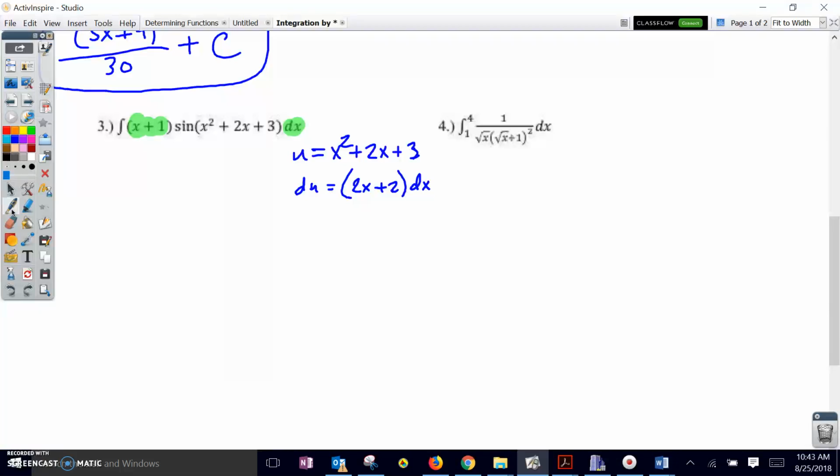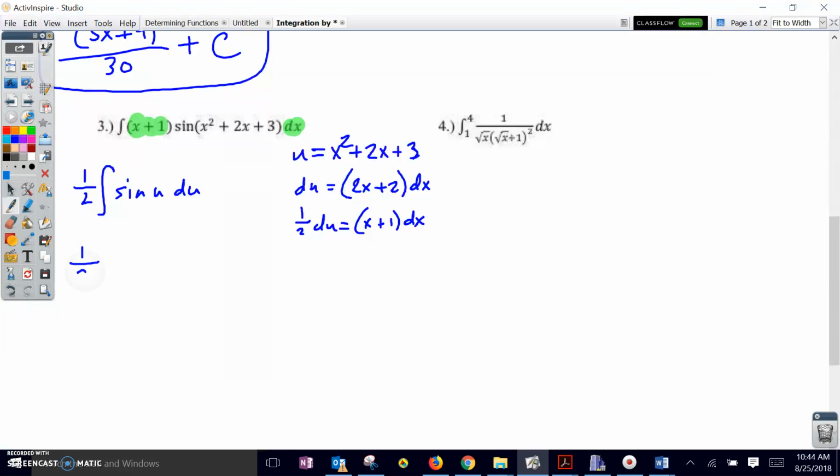I like to think about, well, what multiple of du is equal to all the stuff that's highlighted in green there. And that's 1/2 du is equal to that quantity. So I'm going to replace that whole quantity highlighted in green with a 1/2 du, and this integral turns into 1/2 times the integral of the sine of u du.